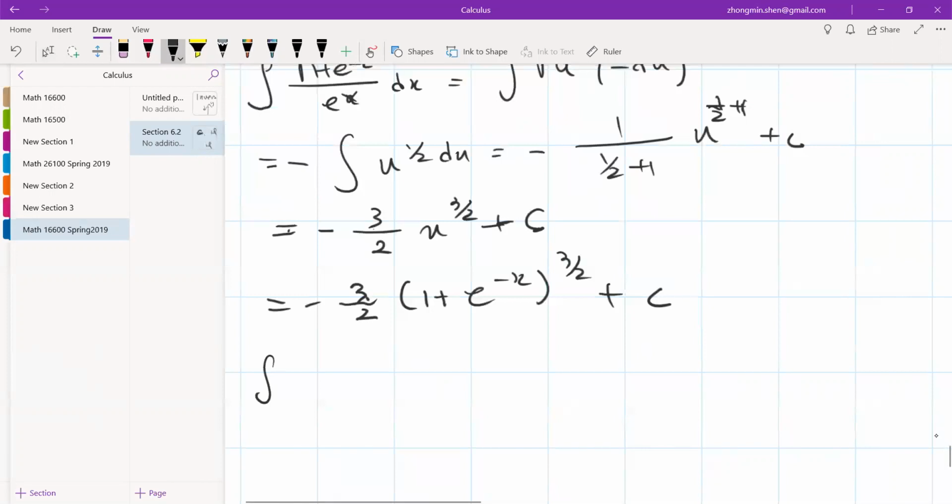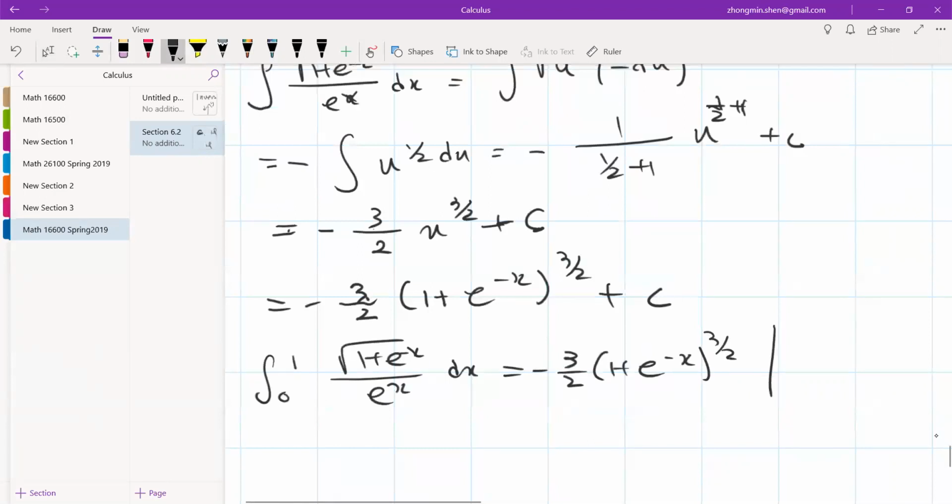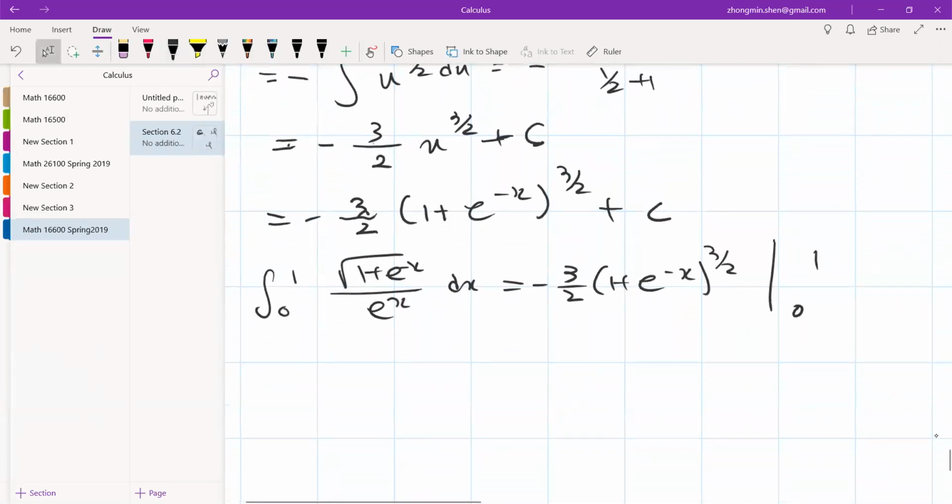So the integral from 0 to 1, you have to evaluate. Its value must be positive. Be careful, because the function itself is positive, so the integral of the function should be positive. When you do the simplification, evaluate at 0, so this should be positive.